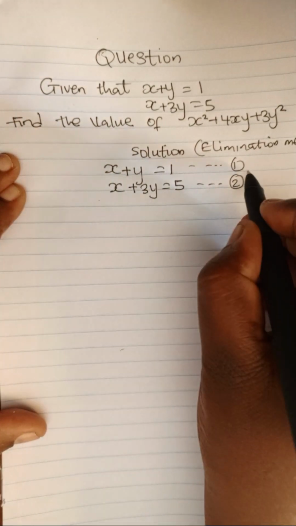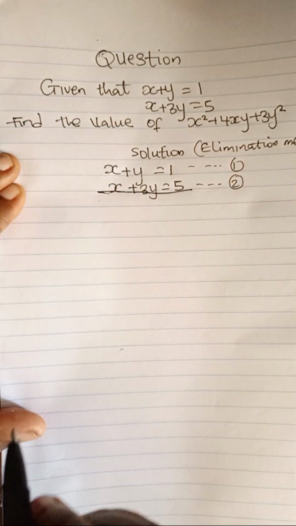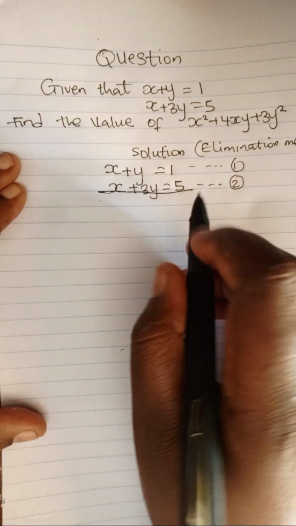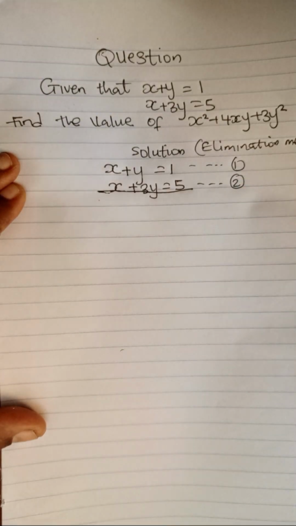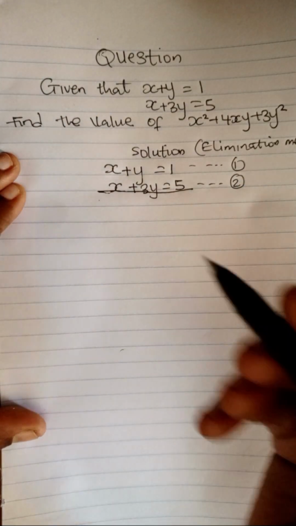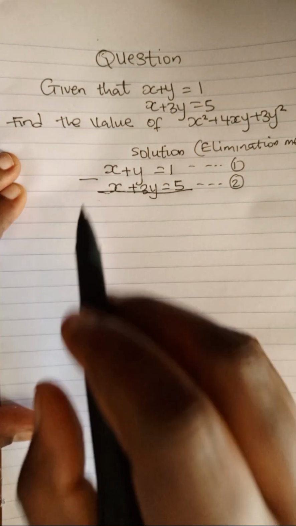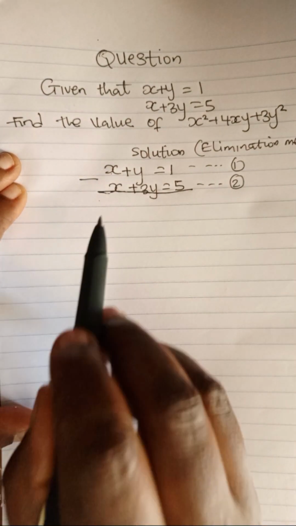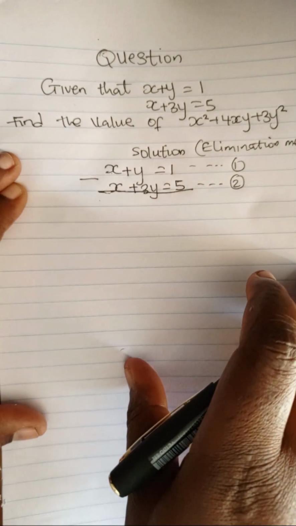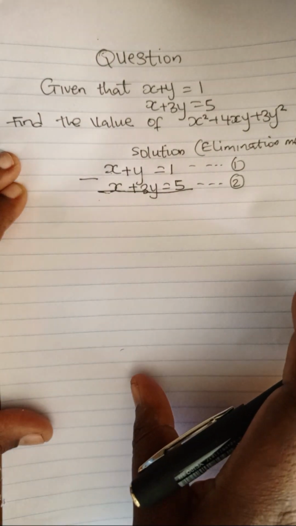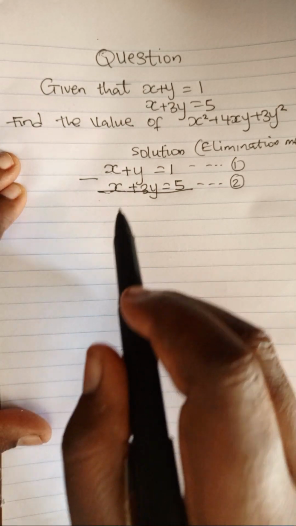So we have equation 1, equation 2. You put your line on there. We are going to subtract equation 1 from equation 2, or you can subtract equation 2 from 1. So I'll put my minus sign here. Before you use the elimination method, you need to determine which alphabet you want to eliminate, meaning which one you want to remove.